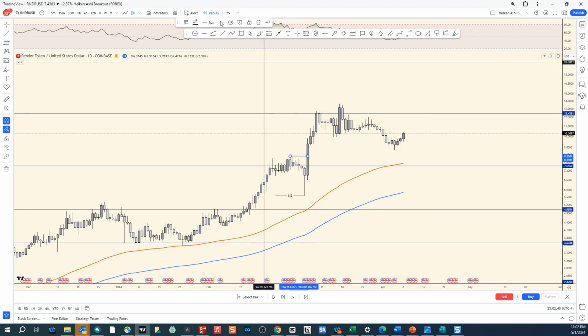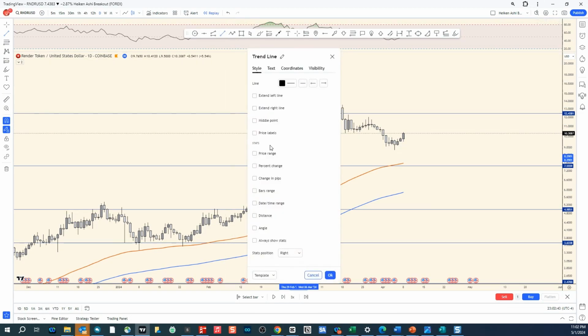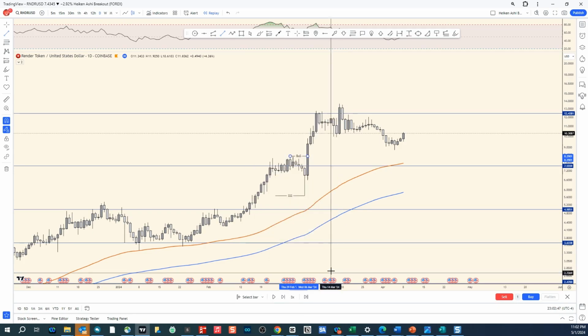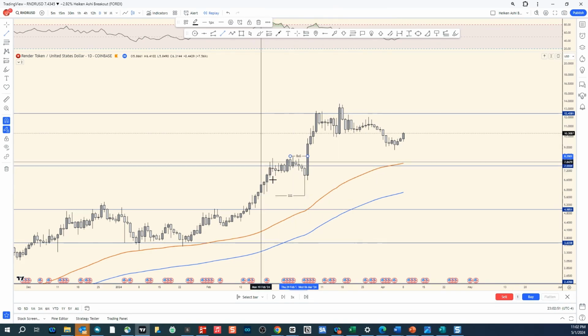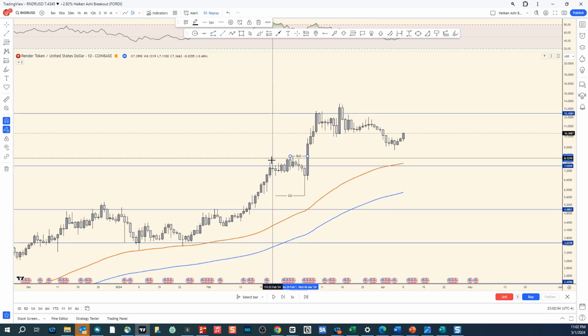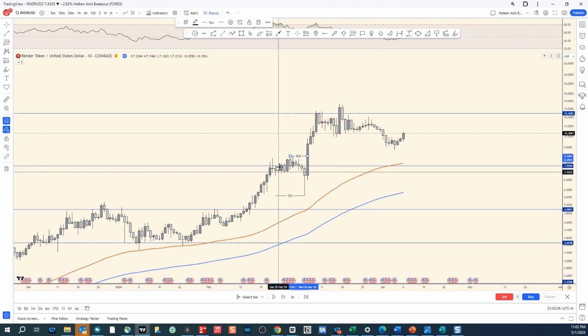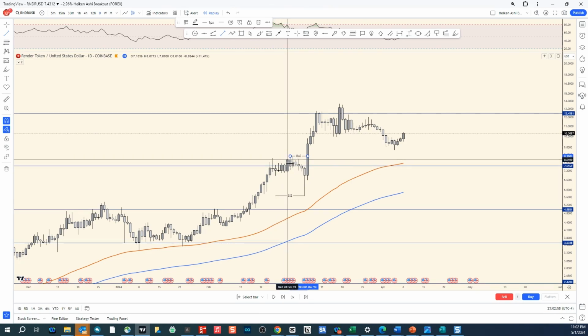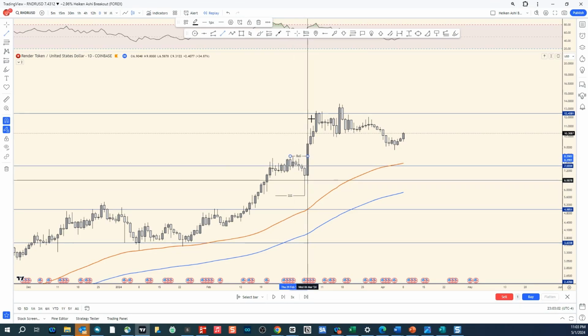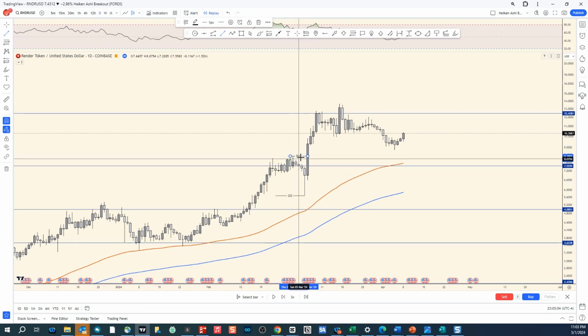We broke structure right here, and so we're going to label it as such. Basically what we mean is price tried to clear this, didn't clear it, came down, tried to clear it here, didn't clear it, tried to clear it here, didn't clear it, and then finally dipped down and blasted right through this, breaking that structure here.